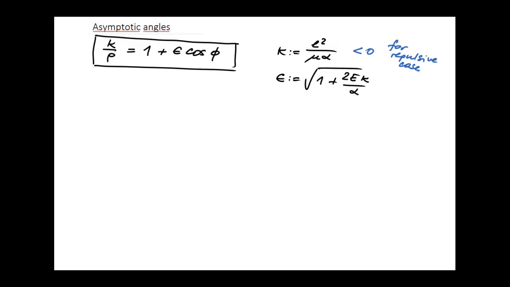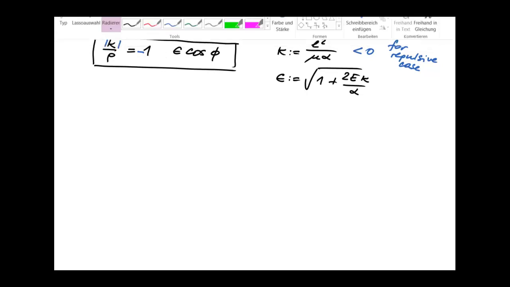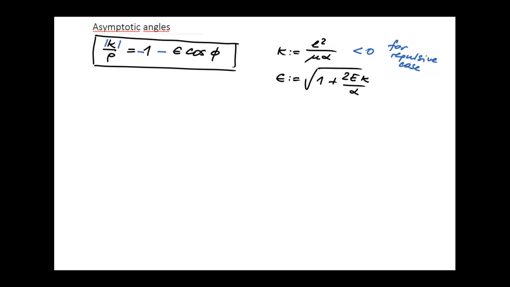So one thing we can do is, in this equation inside the box, the kappa is negative, we can replace it by the absolute value of kappa, which is then a positive quantity, and to compensate for that, we introduce minus signs on the right-hand side. In the definition of epsilon, there's the ratio kappa over alpha.